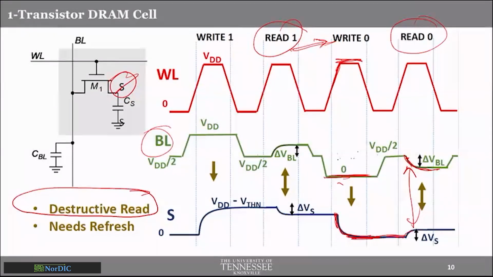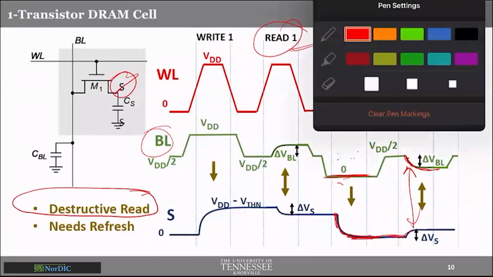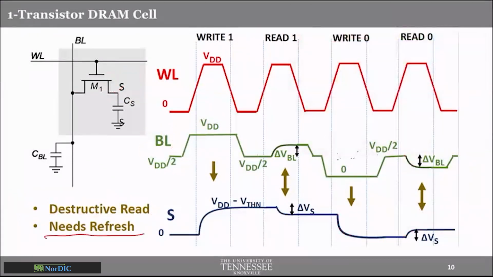And I haven't told you about the other problem. The problem will be related to refresh. And what is that? Let me tell you. Imagine you are not reading, you are not writing, you are not doing anything to the memory cell. So the capacitor is supposed to hold on to the stored data.